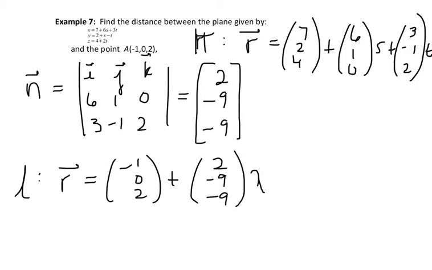I'm going to use lambda here since we've already used t over here. So now we know this line is going to be perpendicular to the plane and it's going to hit the plane at some point. Where my line hits the plane, these values are going to be equal, because that's going to be my point on the plane. So I'm going to set those two things equal to each other and solve.